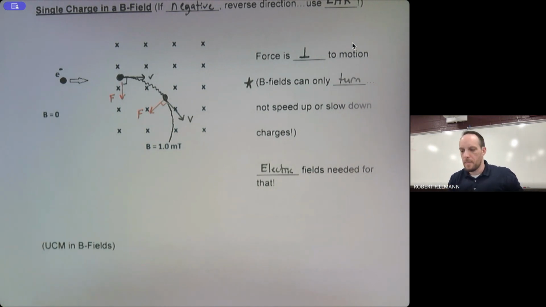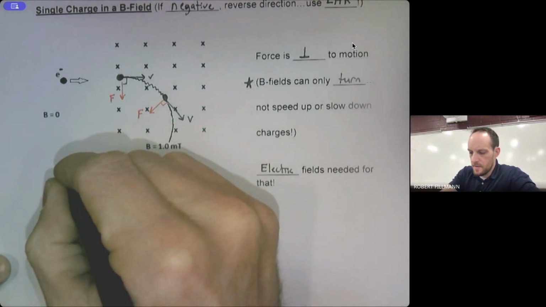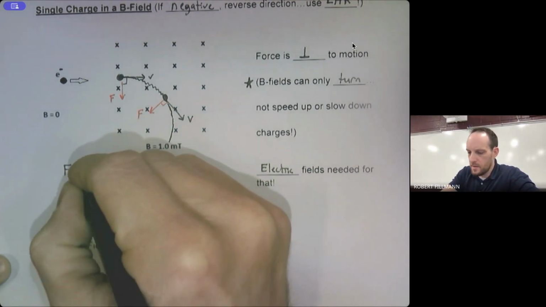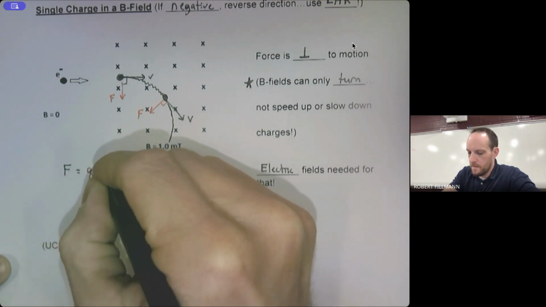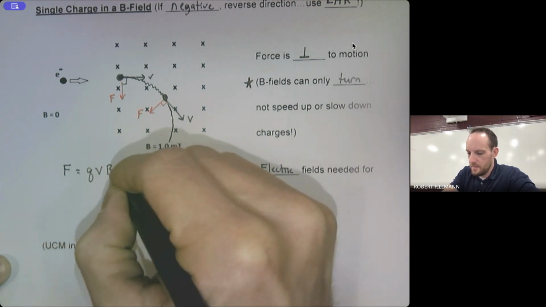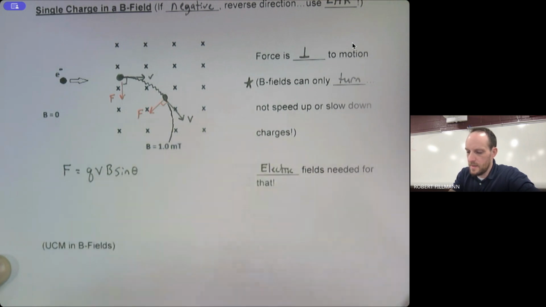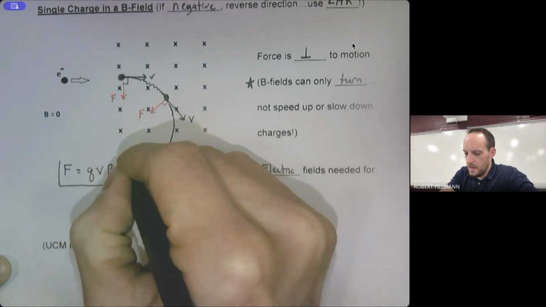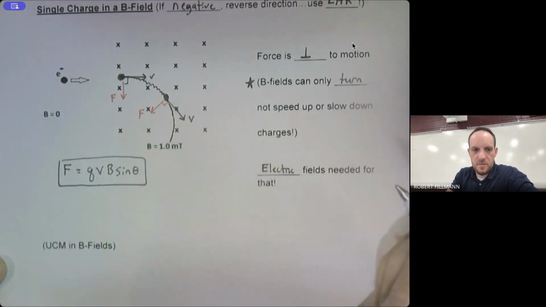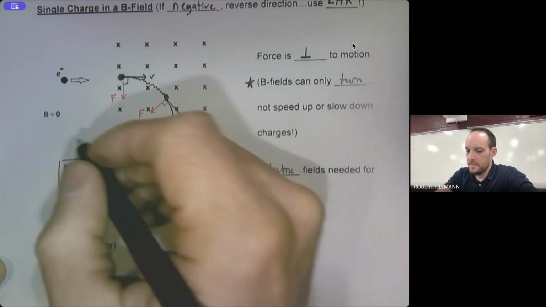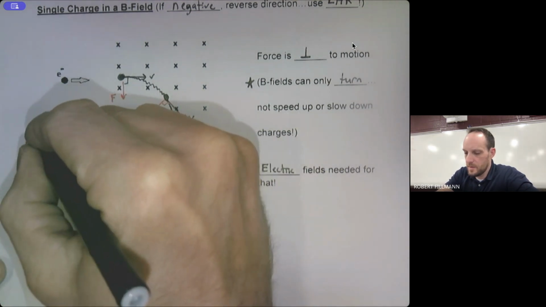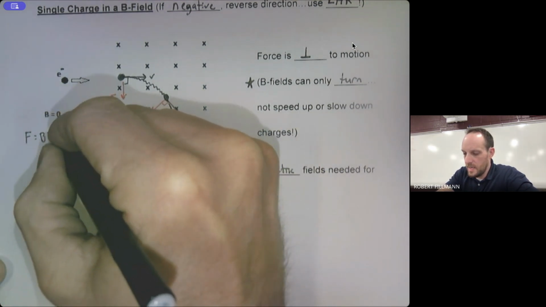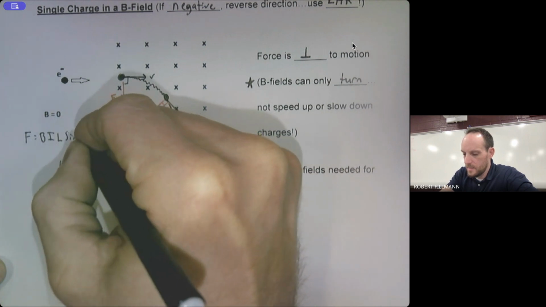The force on a single charge in a magnetic field, instead of a long flowing current, is equal to QVB sine theta. Where this equation comes from, it's really the same equation, because remember the Lorentz force was equal to BIL sine theta.